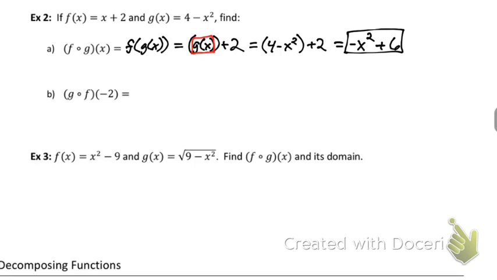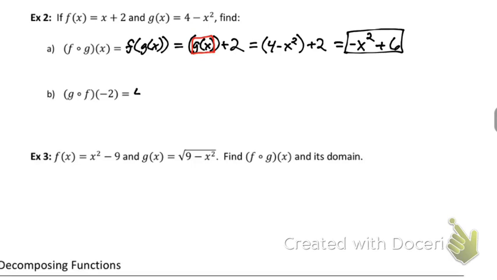Now we have g of f of negative 2. So let's talk about that. So that is plugging f of x in for g of x.